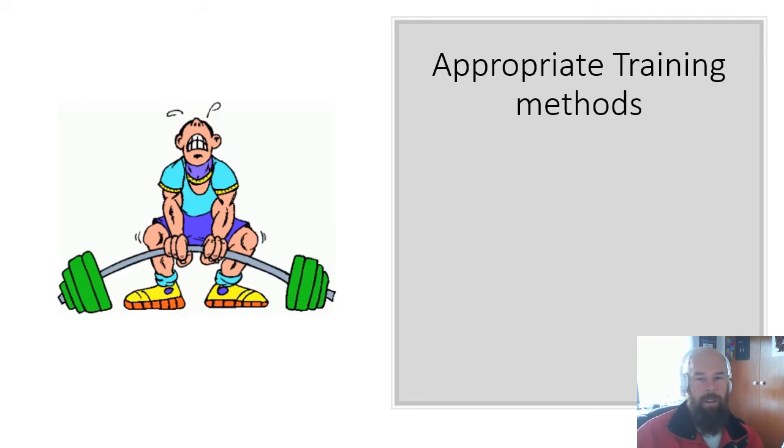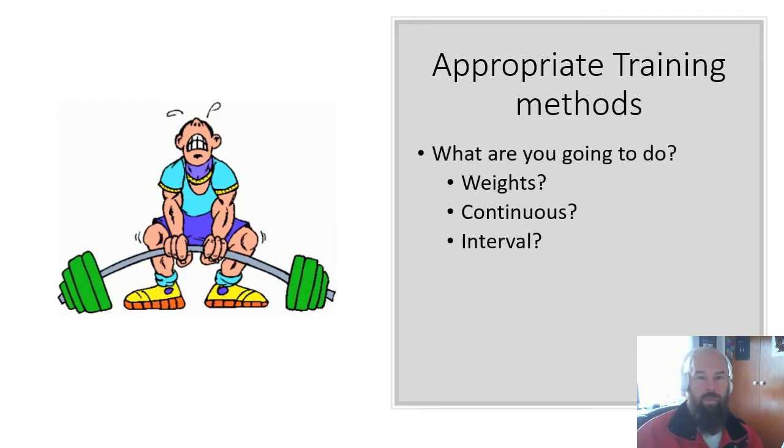Appropriate training methods. What are you doing? Are you doing weights? Are you doing some sort of continuous activity? Continuous, this is getting into year 12 stuff, looking at skill acquisition, but continuous is like it has no distinct beginning or end. So it just keeps going. So is it going to be swimming, running, cycling, that sort of stuff?